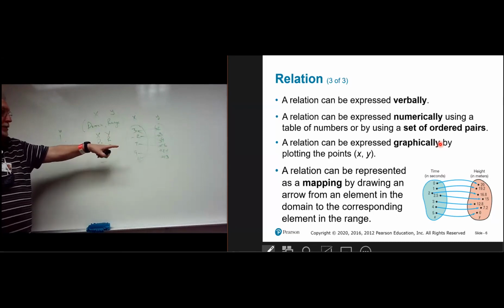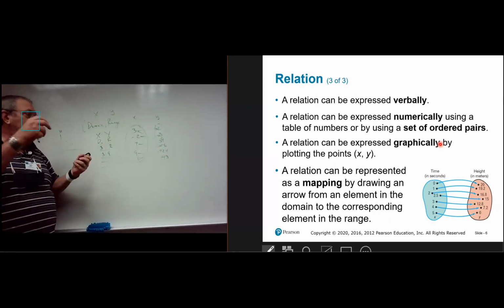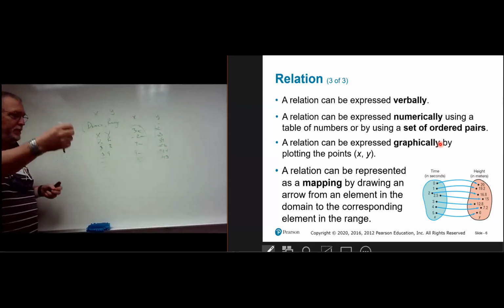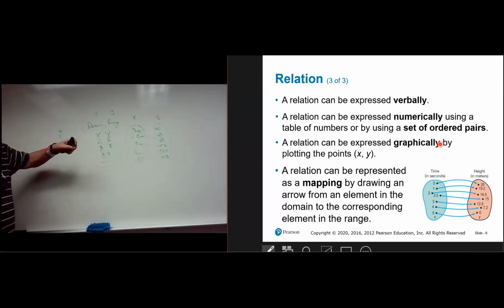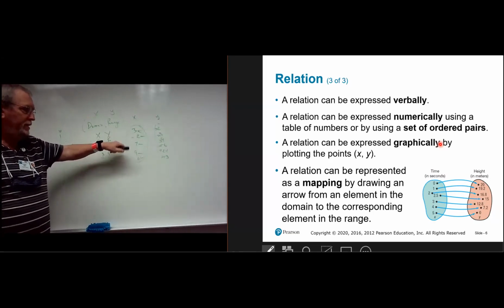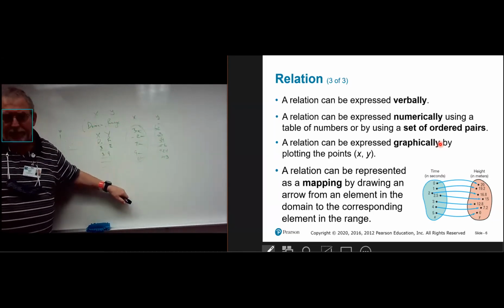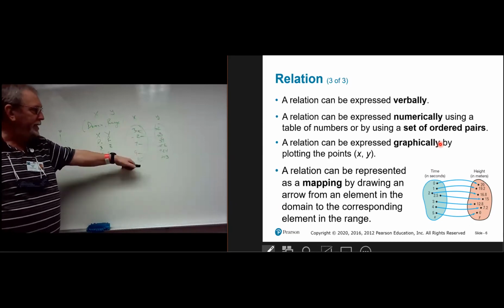So this shows the pairing. I can write this as a set of ordered pairs, or I can write it verbally saying that 3 is paired with 2, and 3 is also paired with 9, and -2 from the domain is paired with 3 in the range. And then I could go through and describe each pair that way. Or I could graph this.